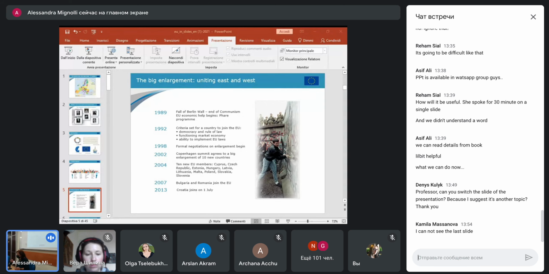So if only one is against, like in this case, Greece, accession is not possible, but neither is candidacy. So to become a candidate country, there is the need of unanimous agreement.